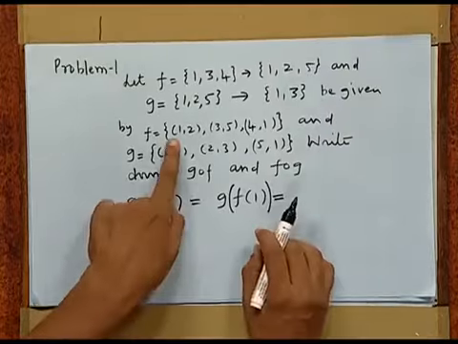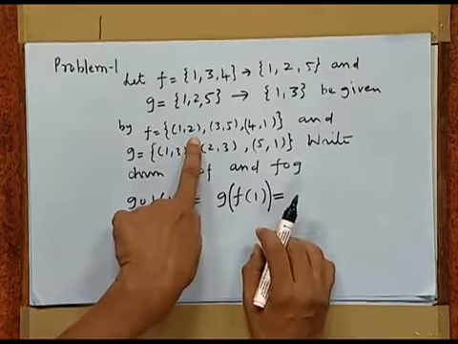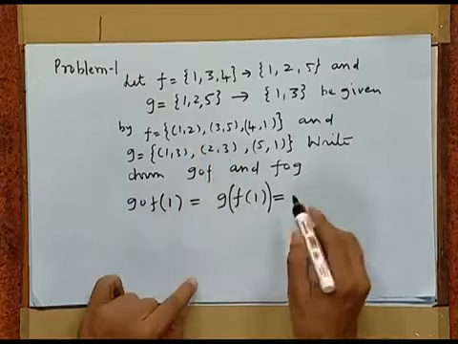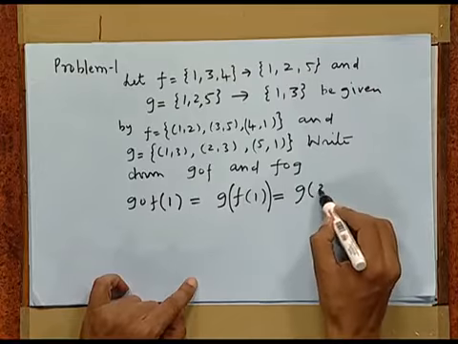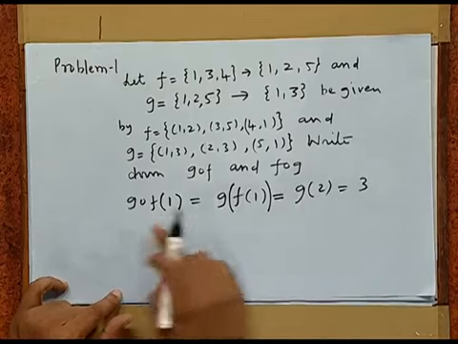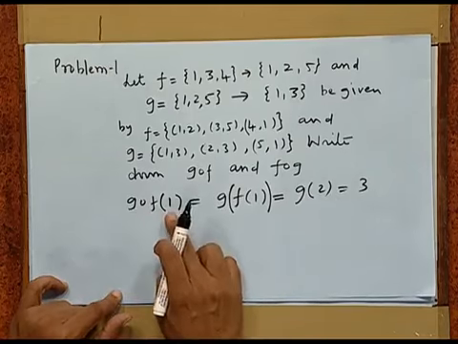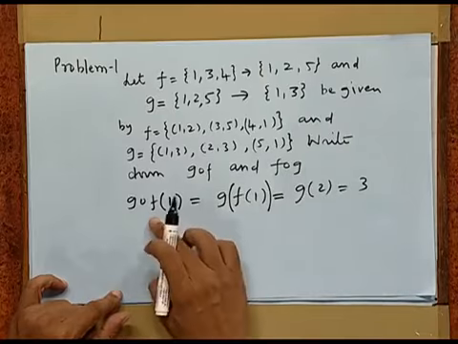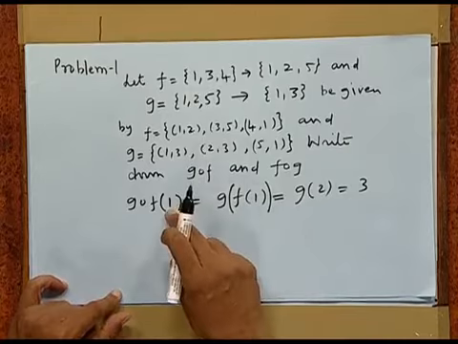Now f of 1 is 2, and if you take 2 here, G of 2 is 3. This means GOF of 1 is 3. That is, under the function GOF, the image of 1 is 3.